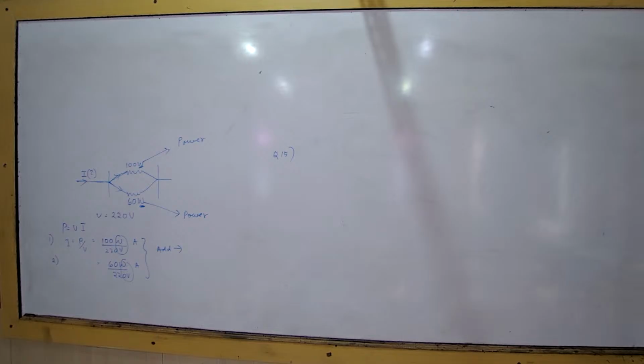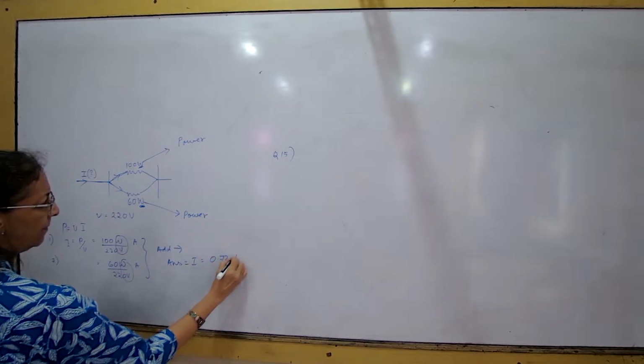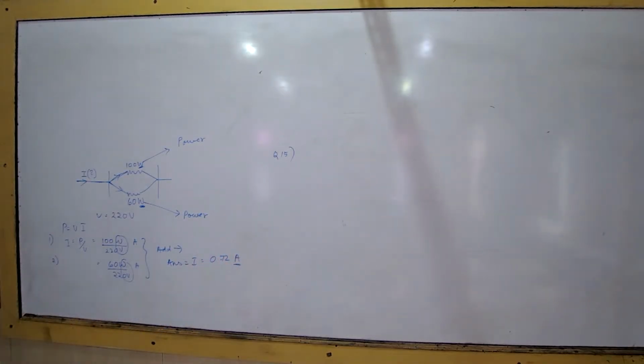Add up, first one, 5 by 11, 0.45. So what is your final answer? 0.72. Okay, fine. So your answer will be current 0.72 ampere. Please make sure that you put the correct unit.